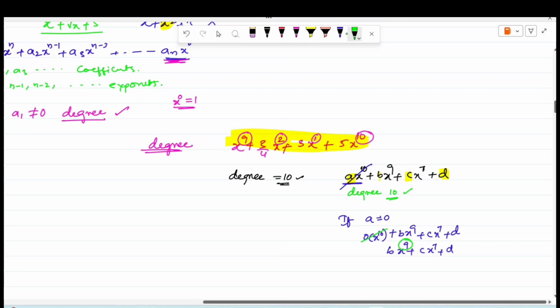Now this is the highest power. Can I say directly that 9 is the degree? No. If b is equal to 0, it will come to 7. If c is also 0, it will come to d, which is only a constant.